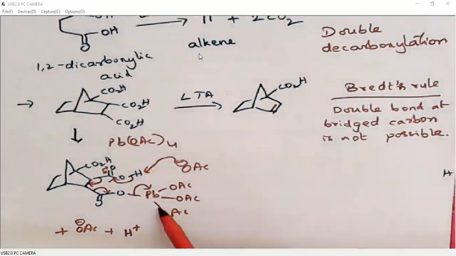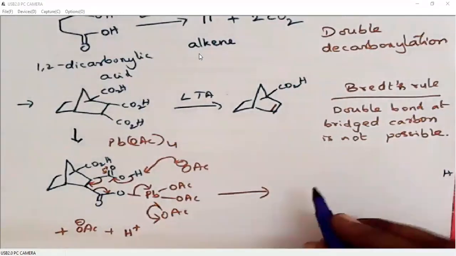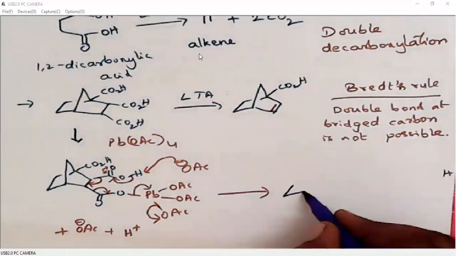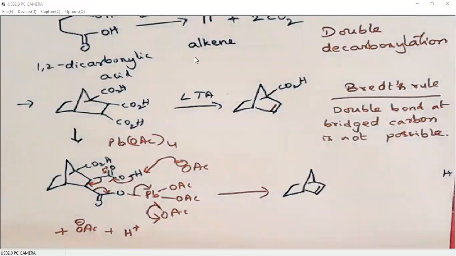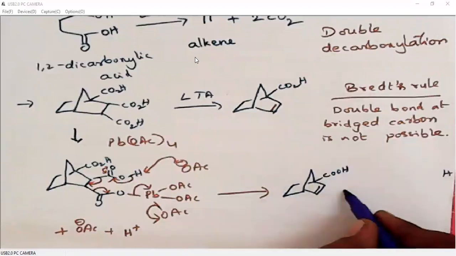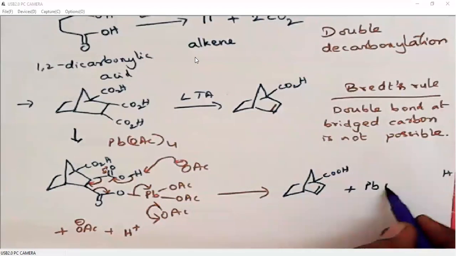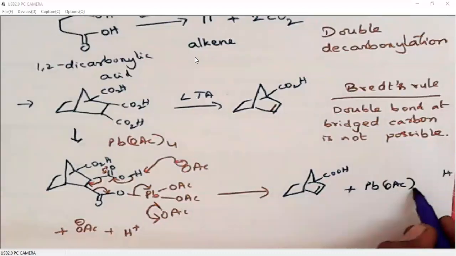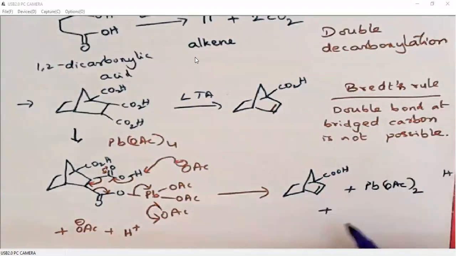So to nullify that, we will eliminate one more OAc minus, so that it generates an alkene here, a carboxylic acid, plus lead diacetate, plus we are losing two carbon dioxide molecules, plus acetic acid.